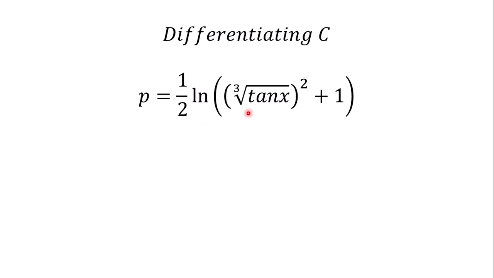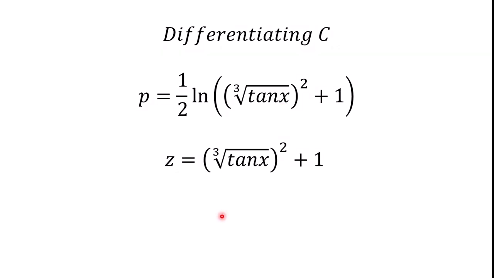Okay, so we're going to let z be equal to this. Now the z will be equal to what? Remember, this one is the same thing as 2 out of 3. So you're going to get 2 over 3 multiplied by, now you differentiate this, secant x squared, and then times 2 over 3 minus 1, which gives minus 1 out of 3.